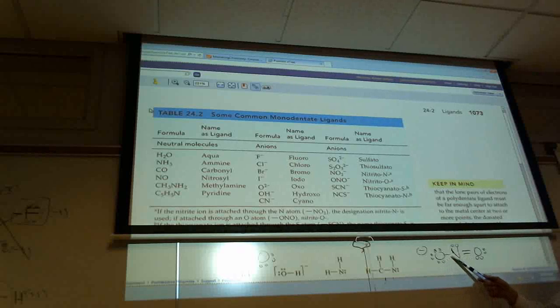The geometry is bent. This is trigonal planar electron geometry. And so both of these could potentially bind because they're in the right position, but what? The molecular orbitals are.